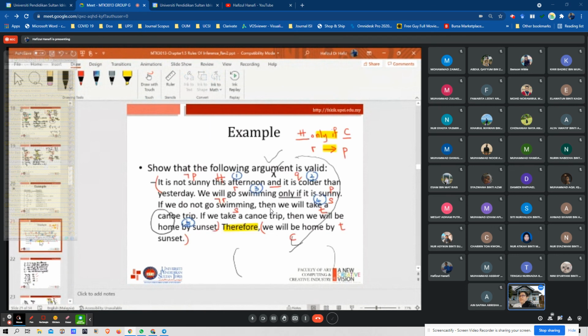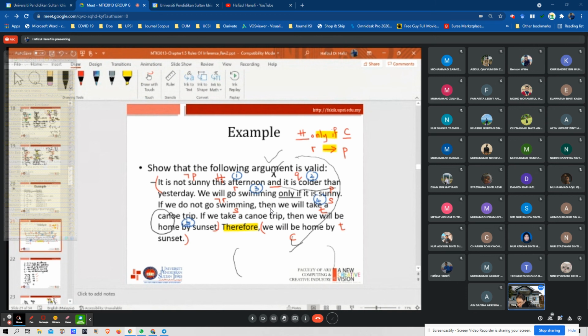Here, show that the following argument is valid. Okay, this one is to prove. H only if C lah. The hypothesis only if the conclusion is true, whereby the R implies P lah. It is not sunny, P, not sunny. Okay, and then this afternoon, hypothesis 1, and it is cooler than yesterday lah.